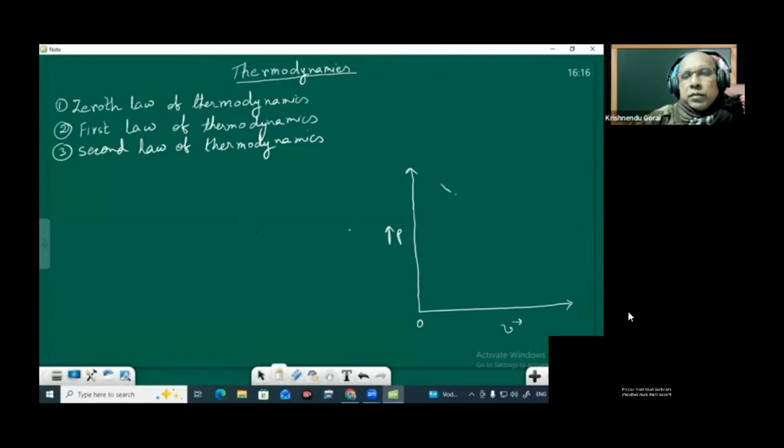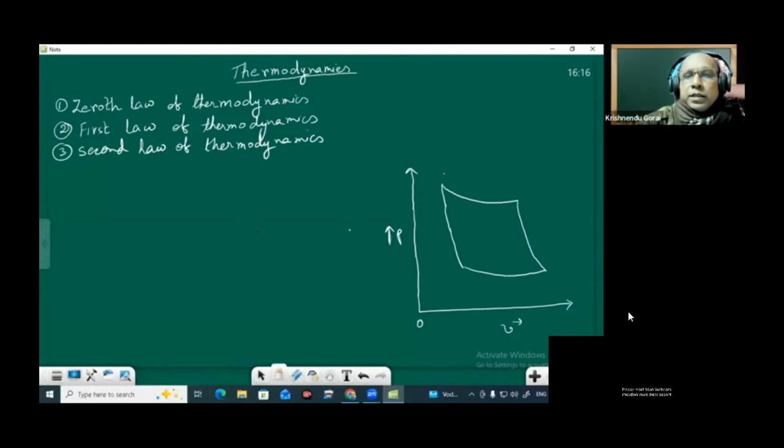One is this one, number one. Number two is in this way. Number three in this way, parallel to this one. And number four is like this. This type of four-step process is the Carnot cycle.